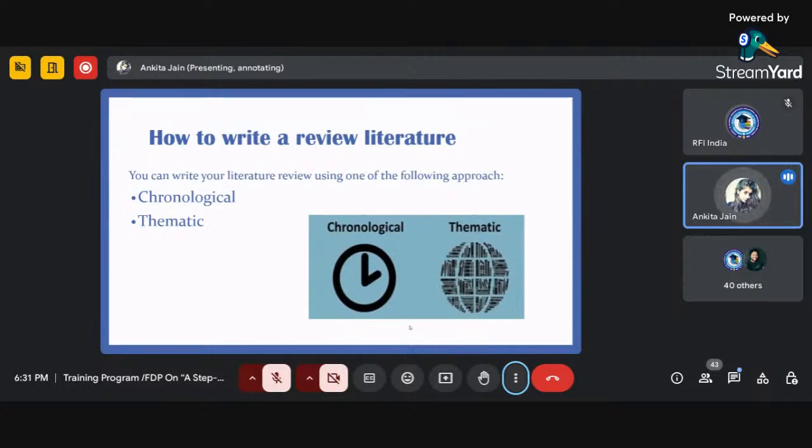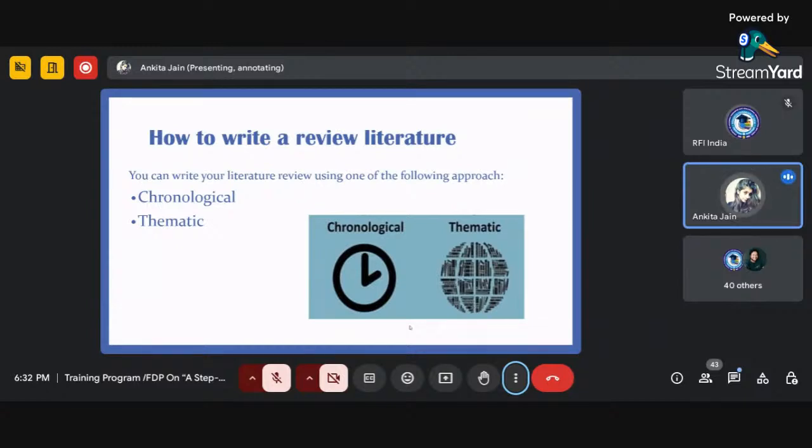You should write in a particular order. The chronological order is the best one, from the oldest to the newest, or newest to the oldest. First, we should try to write it in descending order, meaning from the current ones till the last one, so that people can get an idea about the current state of the study.